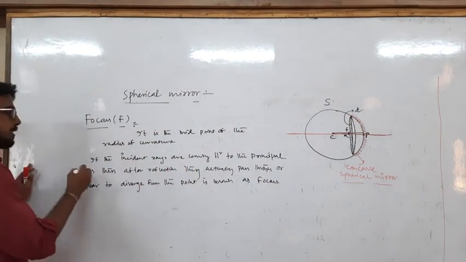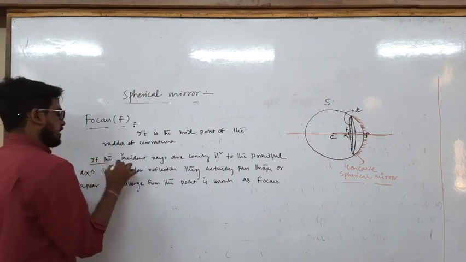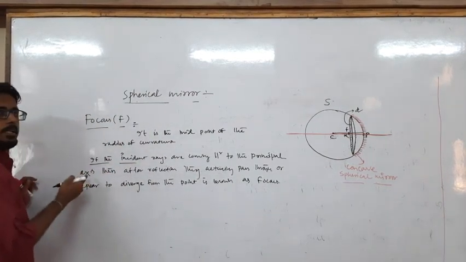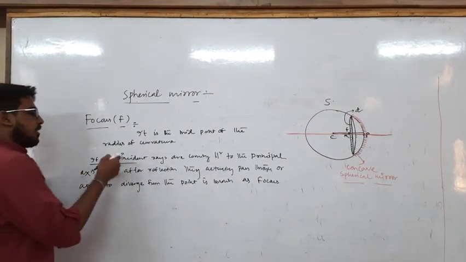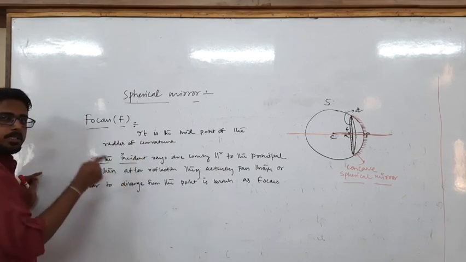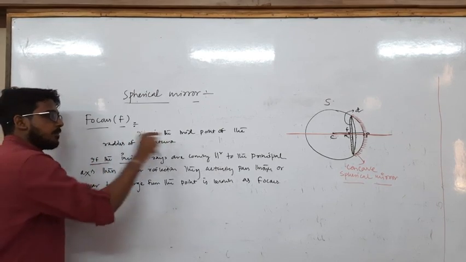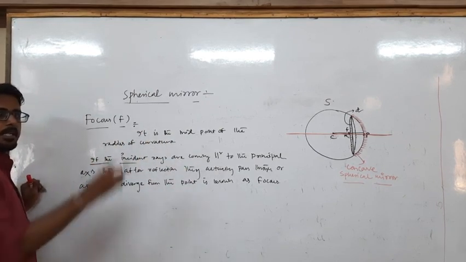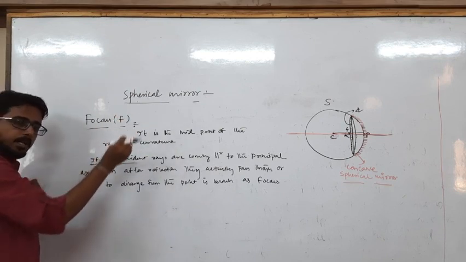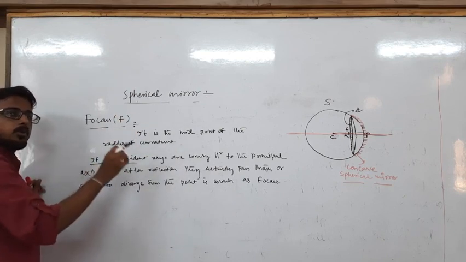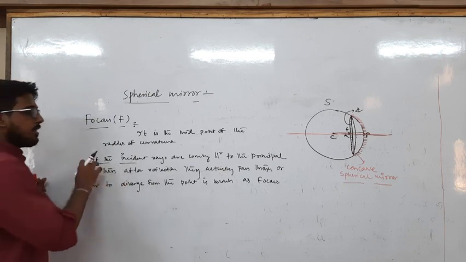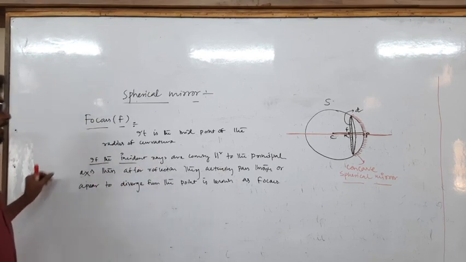Okay, so it is the midpoint of the radius of curvature, or the point at which, if the incident rays are traveling parallel to the principal axis, then after reflection they actually pass through that point or they appear to diverge from that point, then that point is known as what? Focus of the spherical mirror.